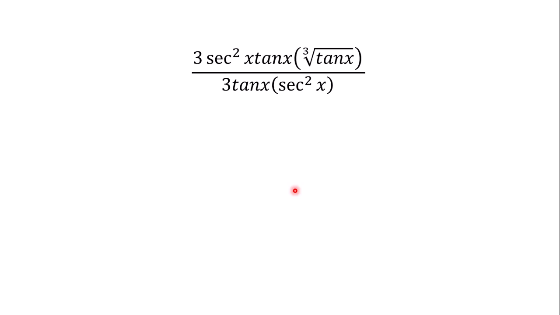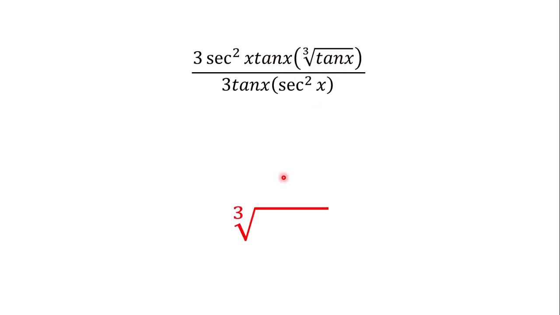Remember, whatever you integrated, when you differentiate it, you should get it back. No matter what, you should get it back. If you don't get it back, it means the answer you had is totally wrong. So guys, this cancels out with this, and what is left? The cube root of tangent x.